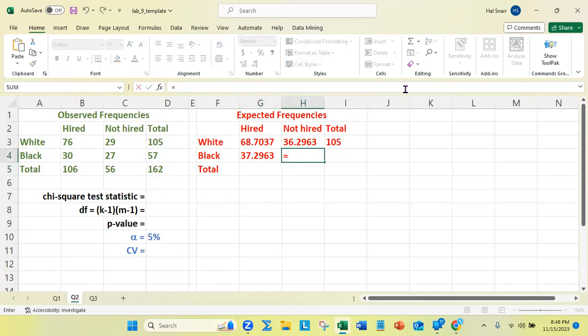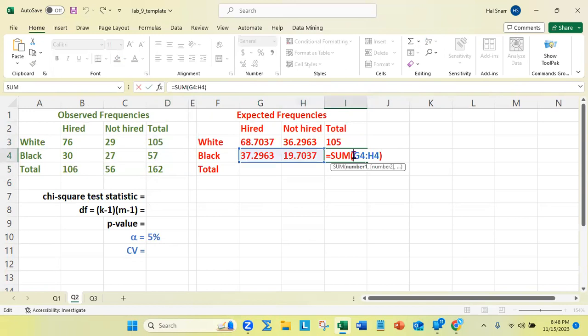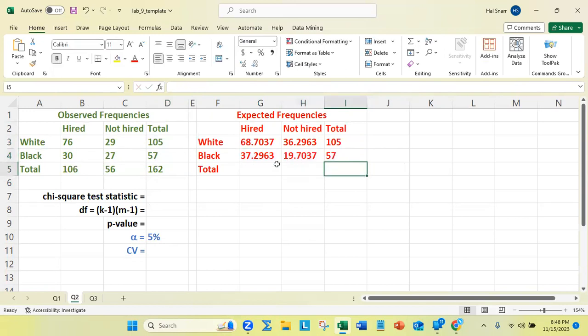The expected number of not hired and Black applicants is the number of Black applicants times the number of not hired applicants divided by the total number of applicants. Again, we did this right if this adds up to 57, and it does, right? Those two add up to 57.